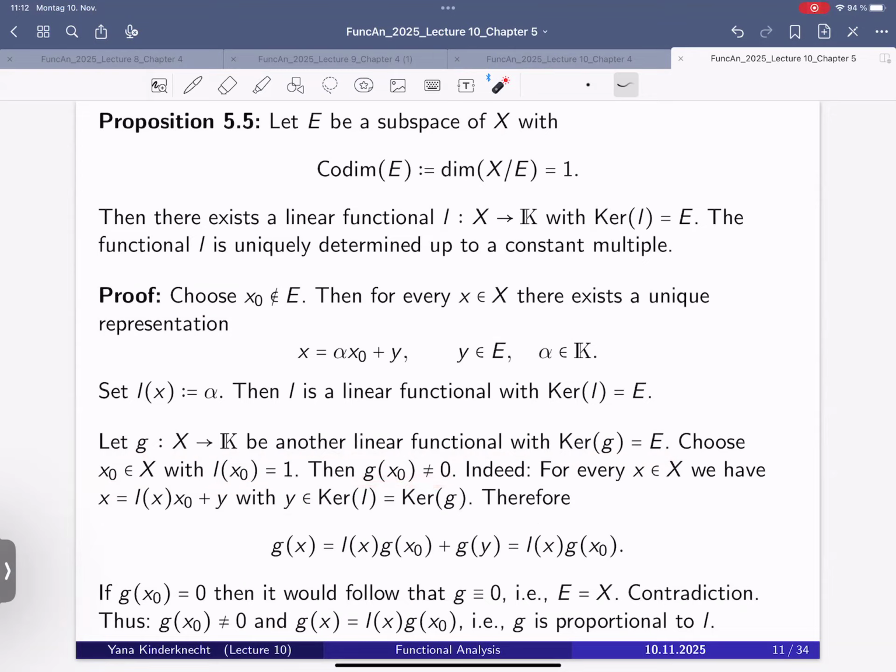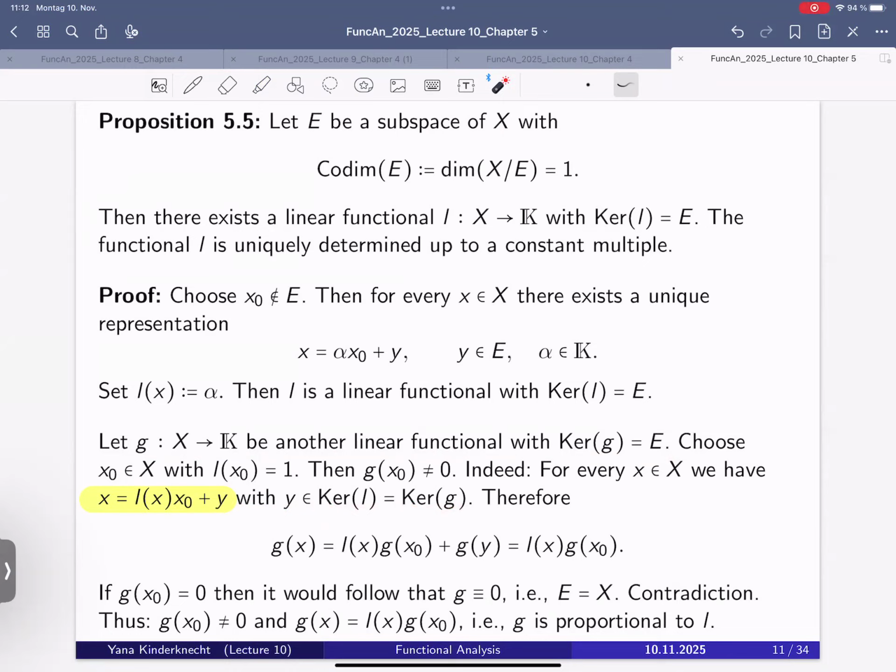Indeed, for every x in X we have this identity, where y belongs to the kernel of L. And we assume that the kernel of G is equal to the kernel of L. It is our assumption.